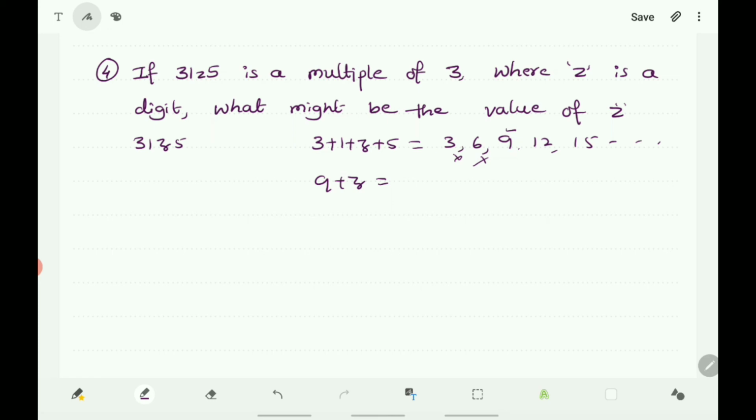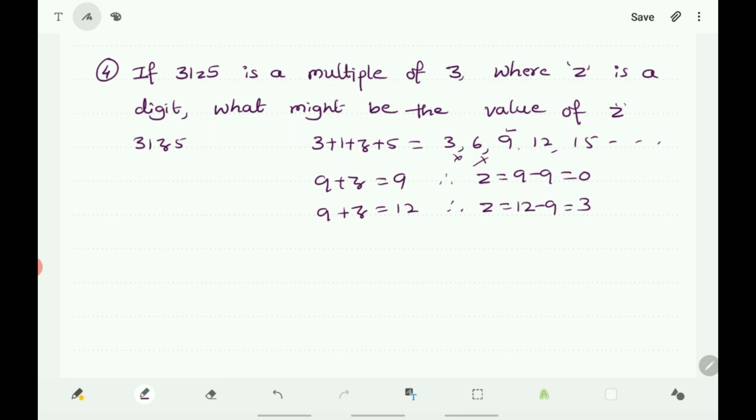So take 9 here, then z equals 9 minus 9. You got one value, that is z equals 0. 0 is also a digit. Next, take 9 plus z equals 12. Then z equals 12 minus 9, that is 3. So the second value is z equals 3.